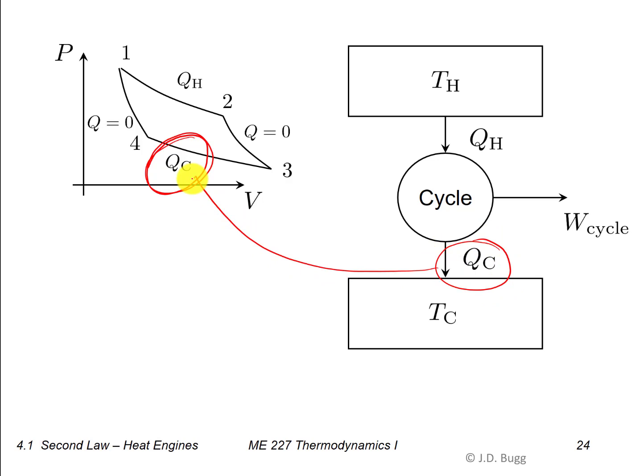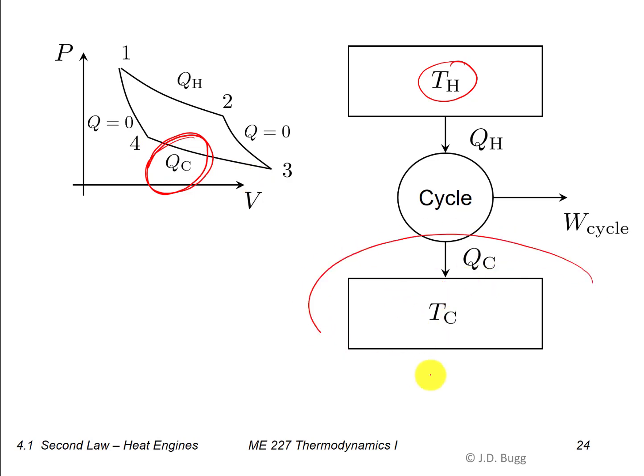So this is happening at a lower temperature than TH. We talked about why we needed to recompress at a lower temperature. So the original diagram was missing this part. What we've learned here in trying to devise this cycle is that heat has to be rejected.